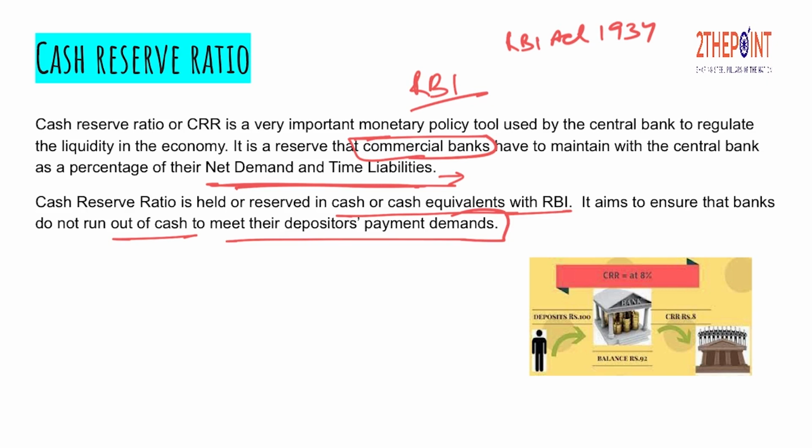Because in future, if any bank has a problem paying the depositors or is about to go bankrupt, then in order to protect the interest of the depositors as well as the investors, they should have some cash to repay them. So such reserve ratios are maintained so that in case any problem arises, they can pull out the money from these reserves and pay it back to the depositor.